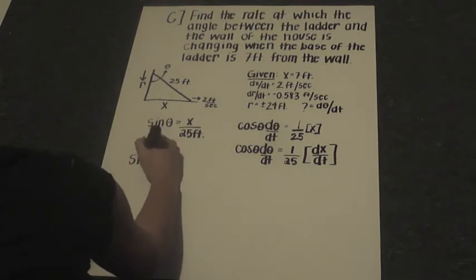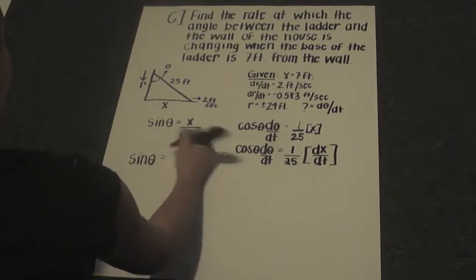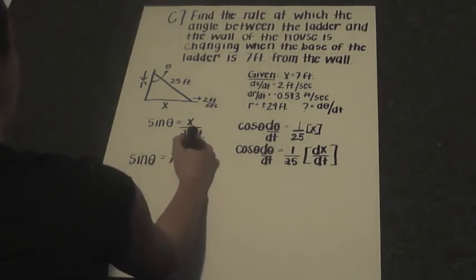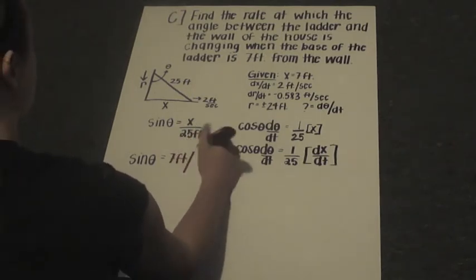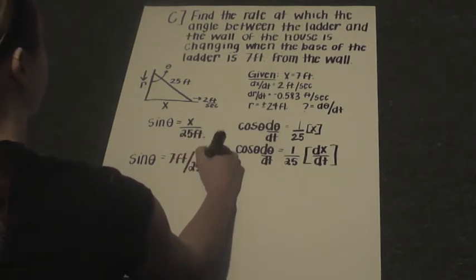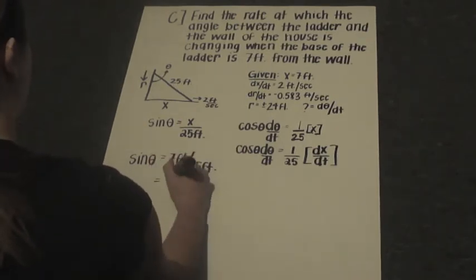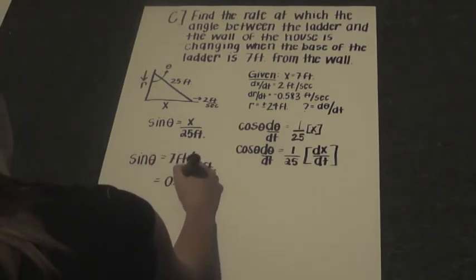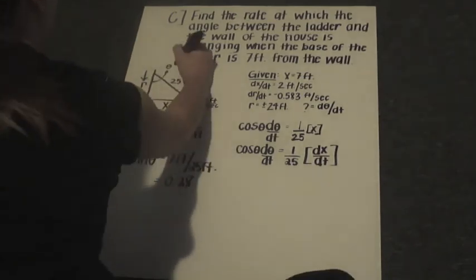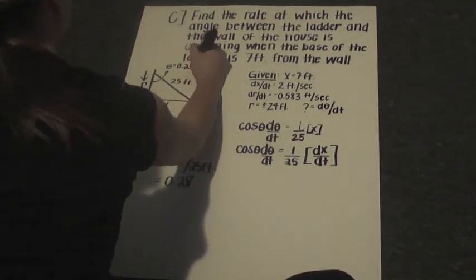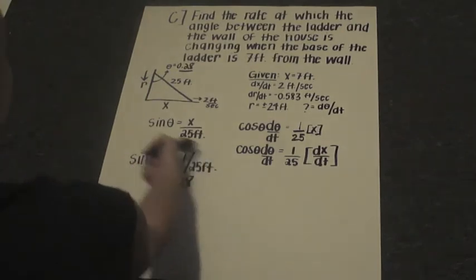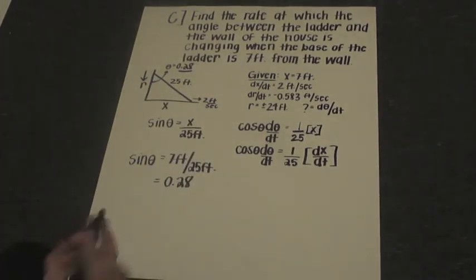So we have sine of theta is equal to 7 feet over 25 feet. And you get that that is equal to 0.28. And that's going to be what theta is equal to. And you just find that by simply plugging that in your calculator.